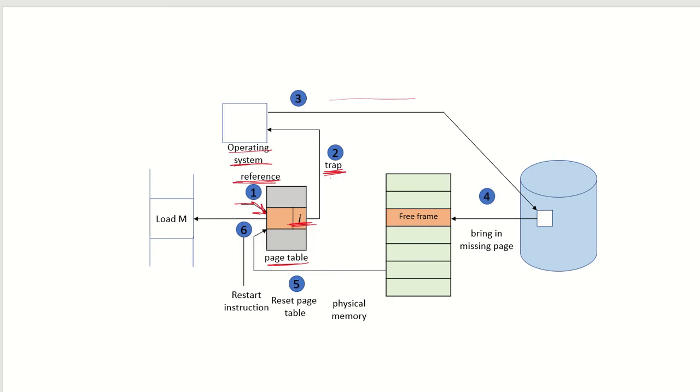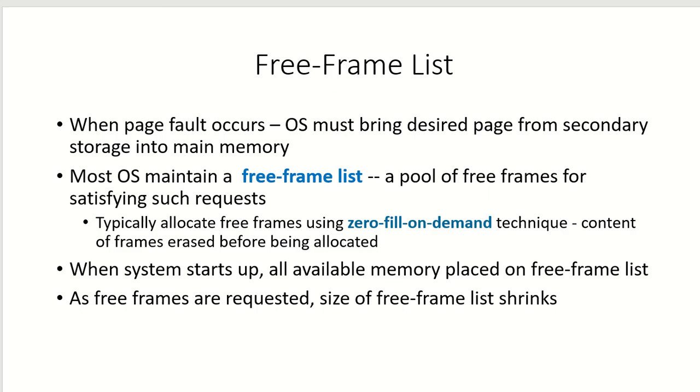The operating system now sends a request to the hard disk for the page, and when that request is scheduled, the page will be brought into a free frame identified by the operating system. Also, the page table will be reset and the invalid bit changed to a valid representation, and finally the instruction which had referenced it will be restarted.